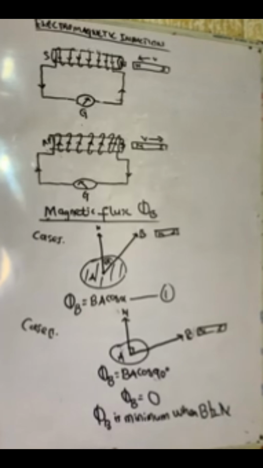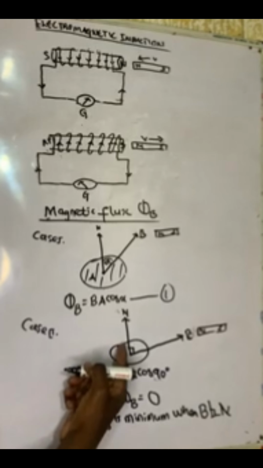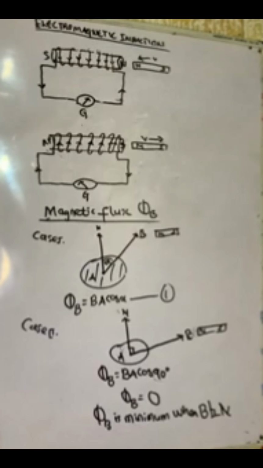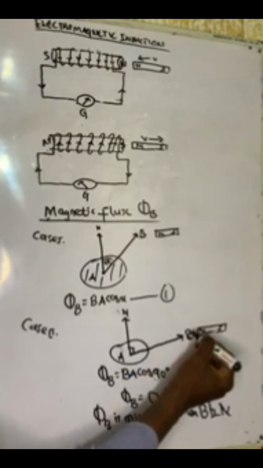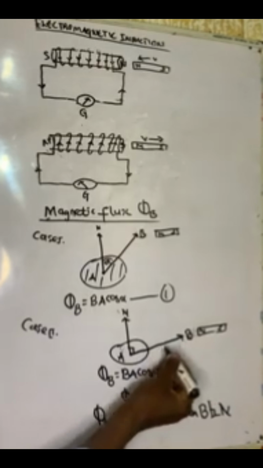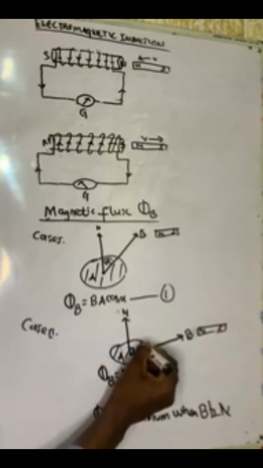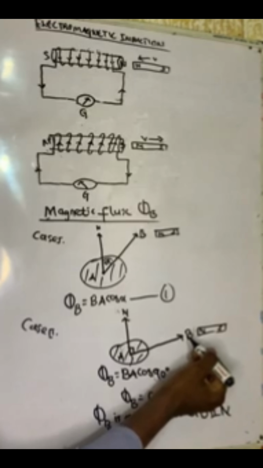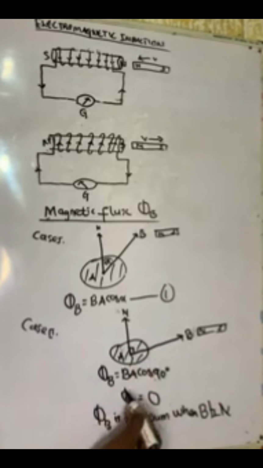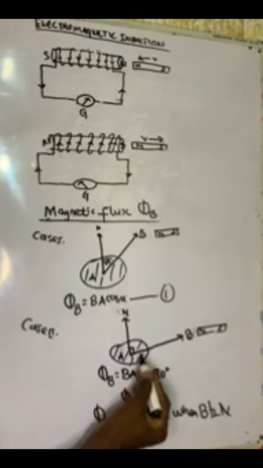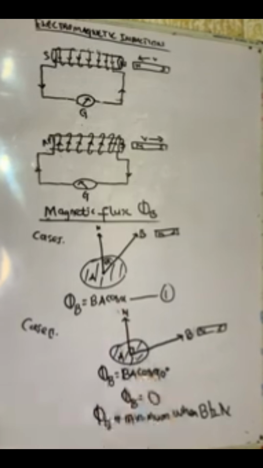In exam, when they ask you at which angle is the magnetic flux minimum, you should know it's at an angle of 90 degrees. So we could say the magnetic field has been placed parallel to the surface of the conductor. So when you hear the question, the magnetic field is parallel to the surface of the conductor, you should know that it's perpendicular to the normal. So it is 90 degrees. Note. All right, so that is our second case.